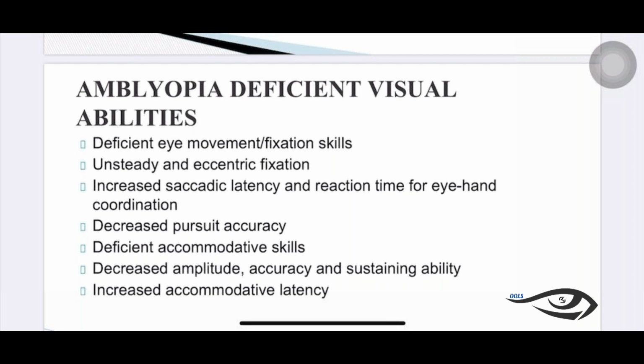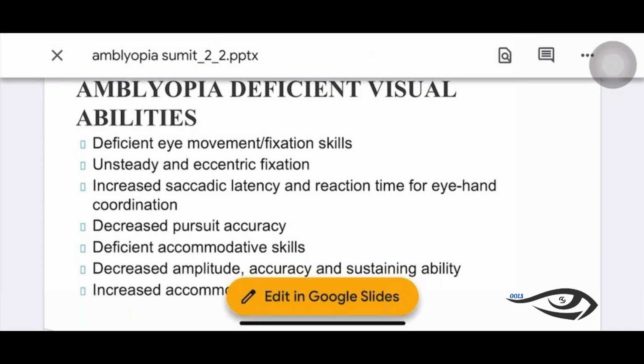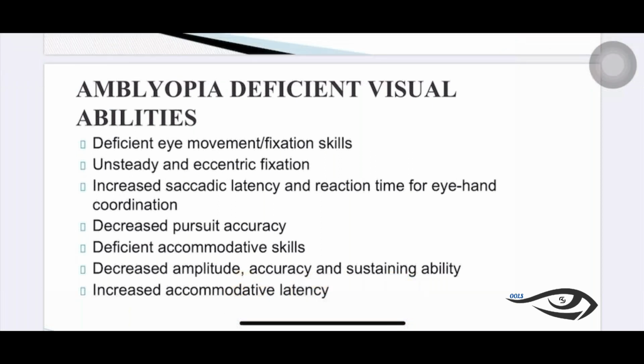If a person is suffering from isometropic amblyopia, there can be steady fixation, and there cannot be eccentric fixation. So it depends upon the sensory adaptation, which type of sensory adaptation. If we see strabismic amblyopia, there can be a particular eccentric fixation.